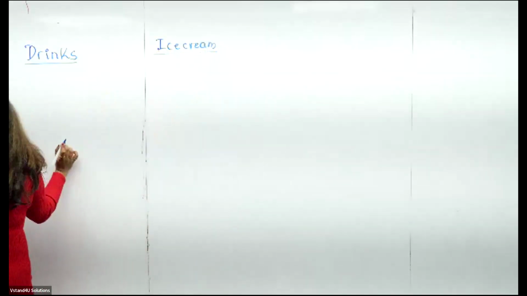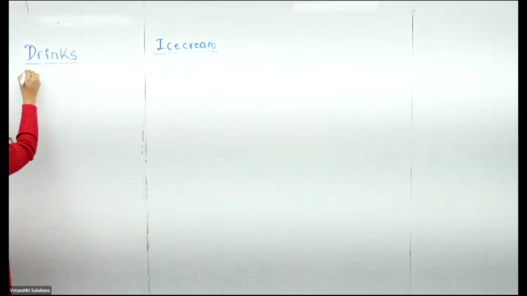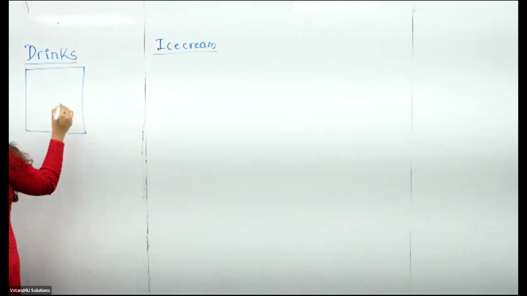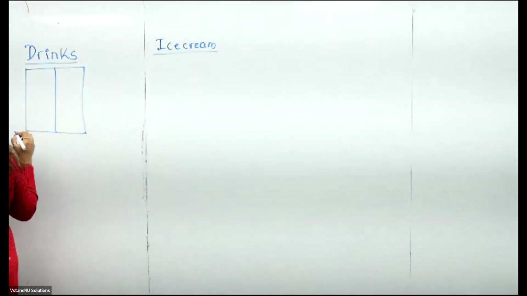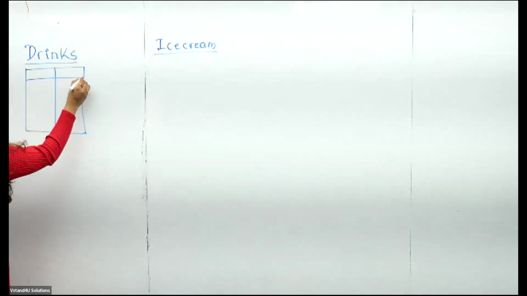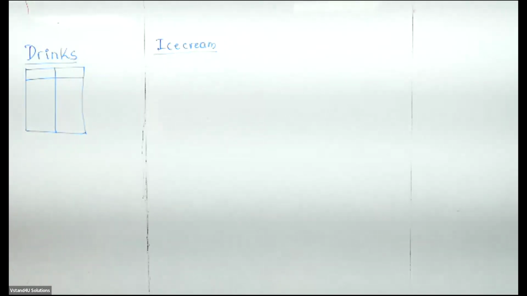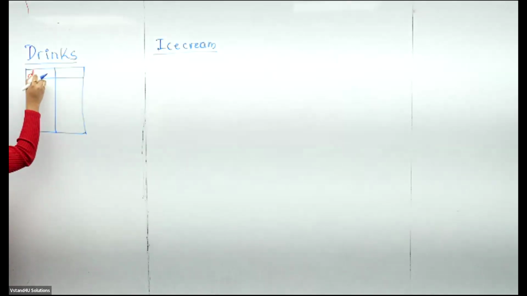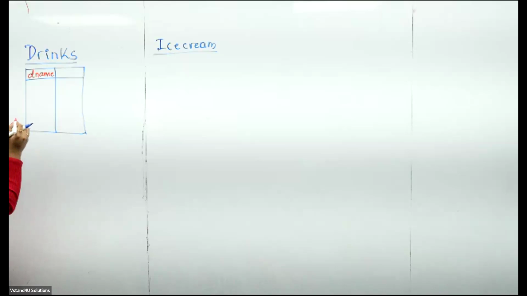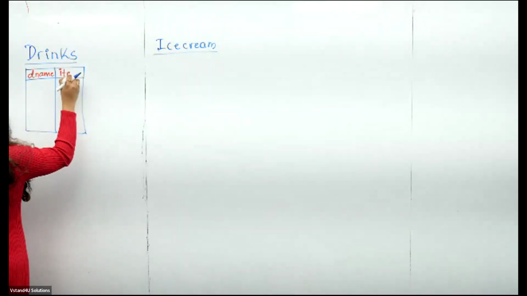Now, for this drinks table, listen carefully. You have one drinks table. For this one, keep the drink name and item number.